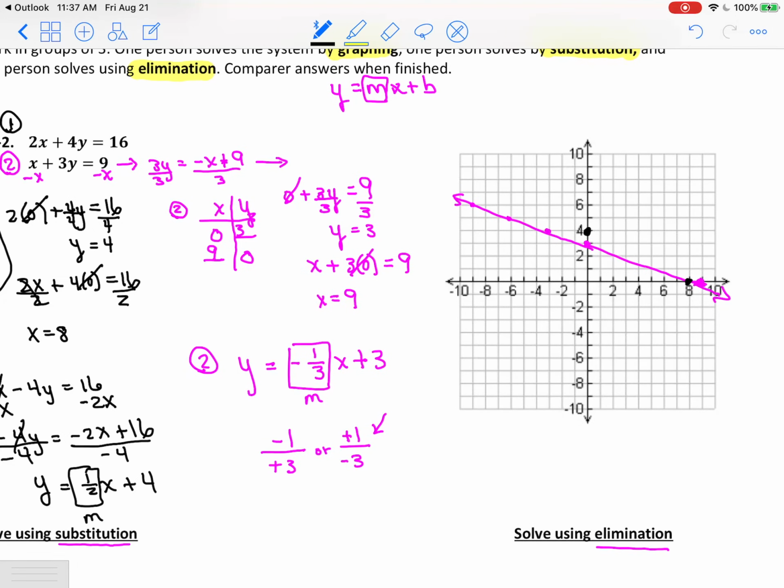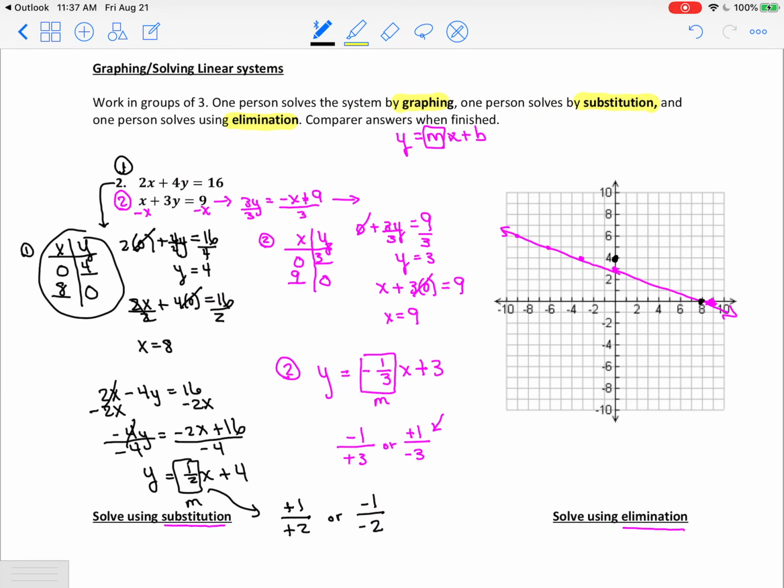So my m is 1, and of course, no, my m is not 1. My m is 1/2. What that means is I can go up on my y, positive on my x, or I could go negative on my y and negative on my x, because a negative divided by a negative is also a positive. So I have both of those choices. I'm going to choose to go up here.